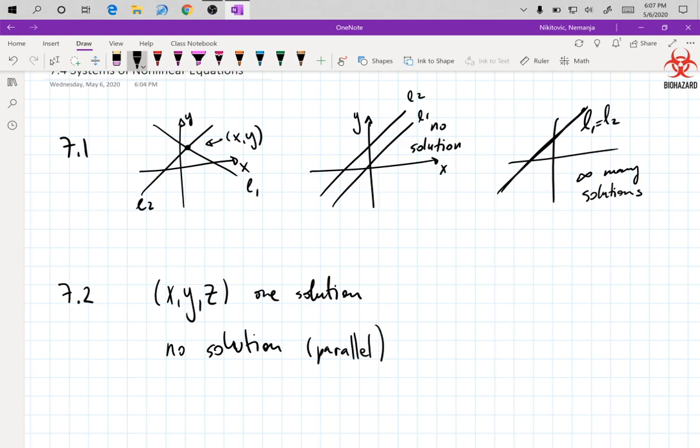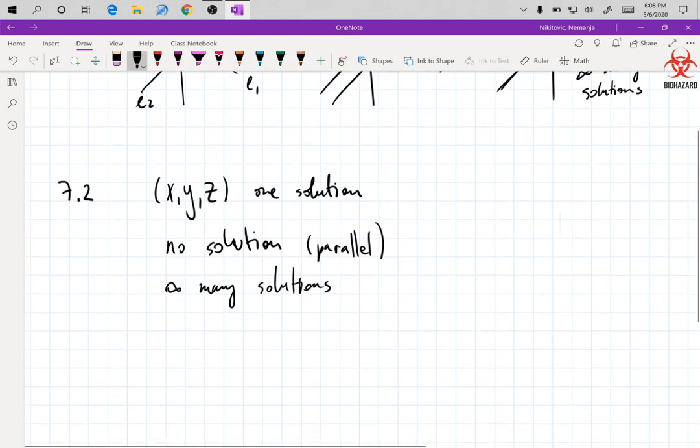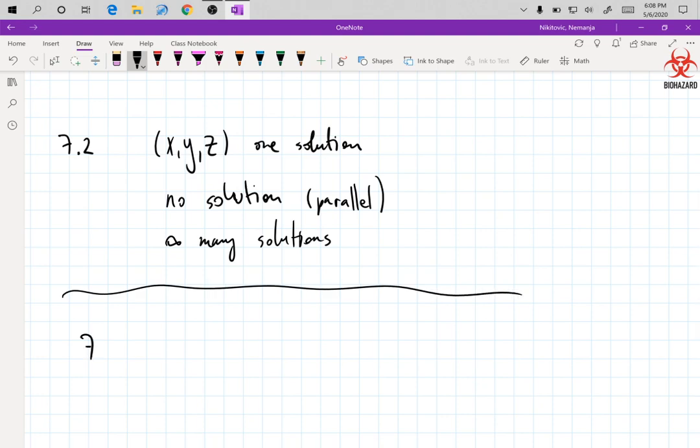Think of the floor and the ceiling. The floor and the ceiling will never intersect, therefore they're parallel planes, and they don't have a solution. But the wall and the ceiling do intersect at a line, which is the 90-degree bend between the two, and that line goes infinitely left and right, therefore infinitely many solutions. So we can also have infinitely many solutions.